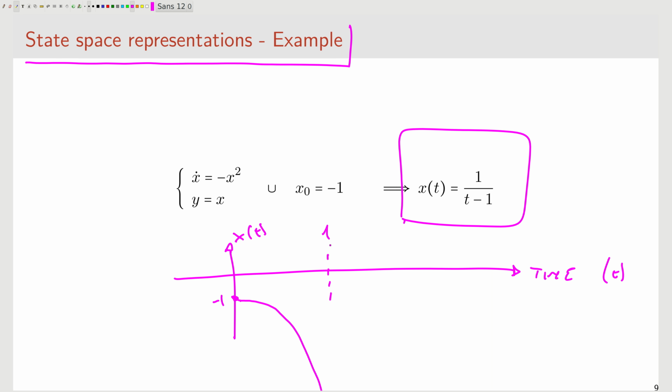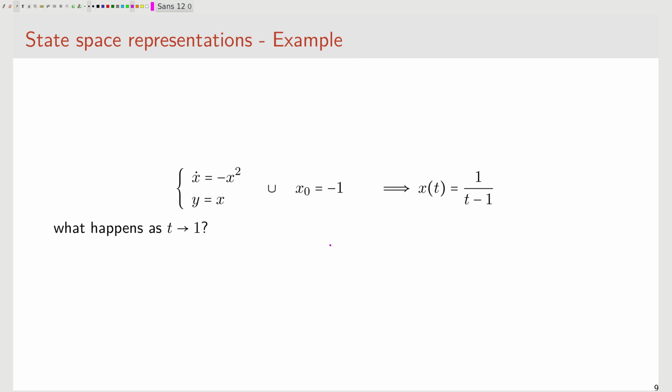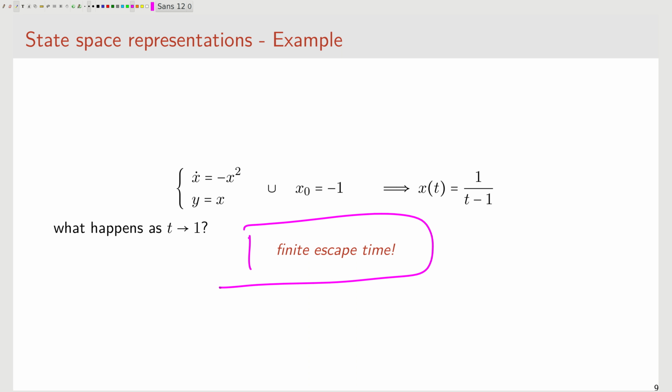What does it mean? It means that for t that reaches this time here, we've got a finite escape time. Basically, the system explodes. We start from a certain finite value, and in a finite time, we go to minus infinity in this case.